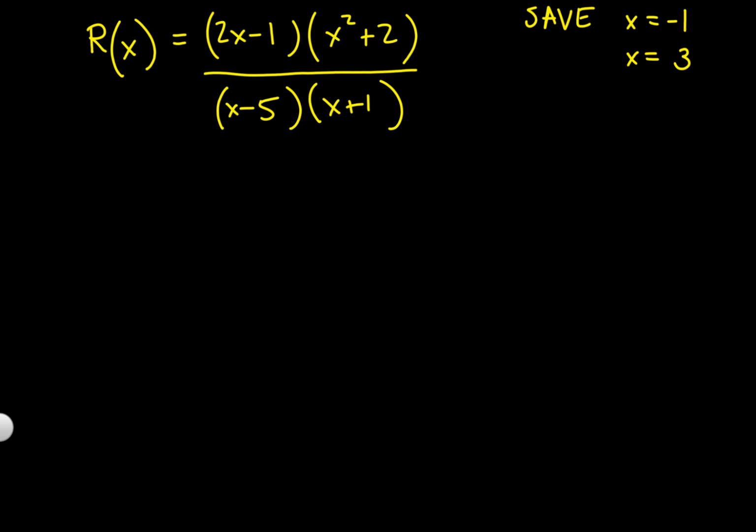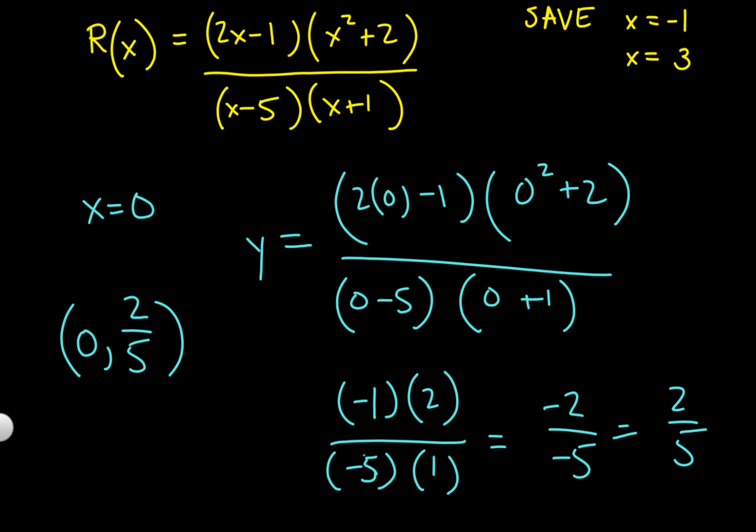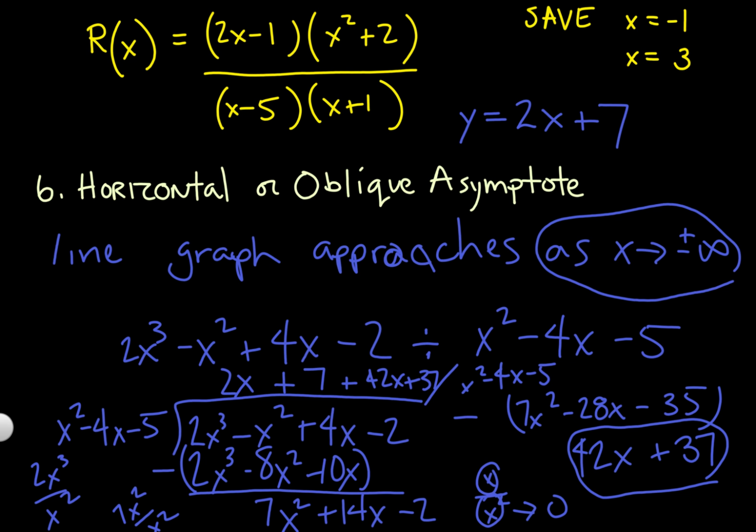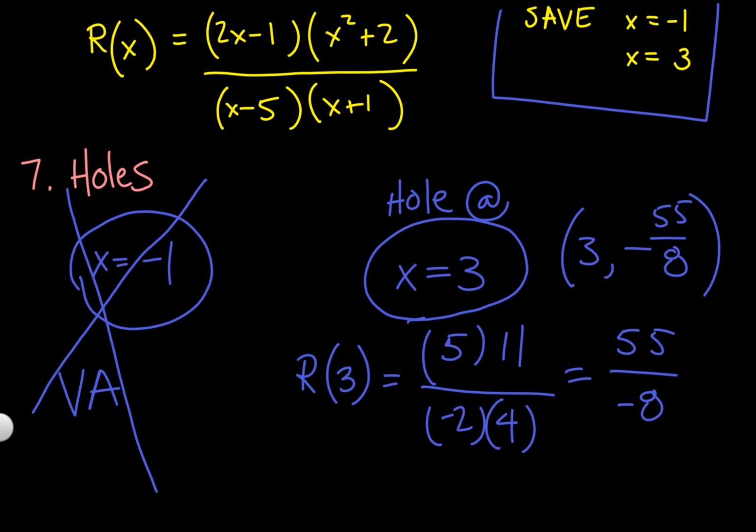We were able to find the x-intercepts and y-intercepts. We've got vertical asymptotes from the denominator. We've got a horizontal or oblique asymptote by dividing. And finally, we were able to find the holes coming from those saved factors.